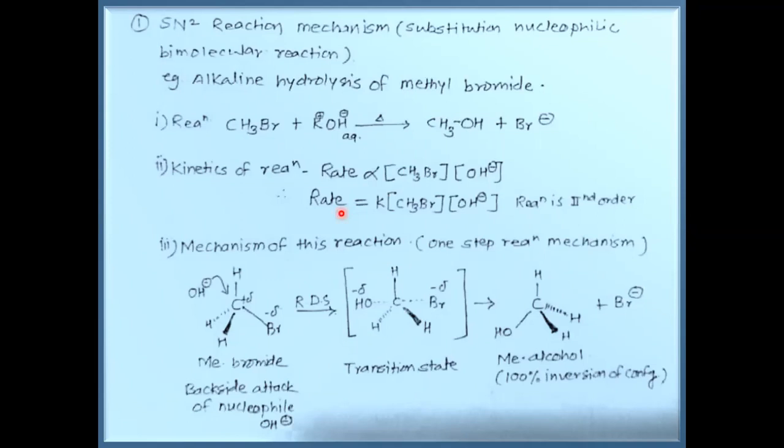So rate is equal to K into concentration of CH3Br into concentration of OH minus, where K is the proportionality constant. Here it is proportionality, and now we are taking equality.